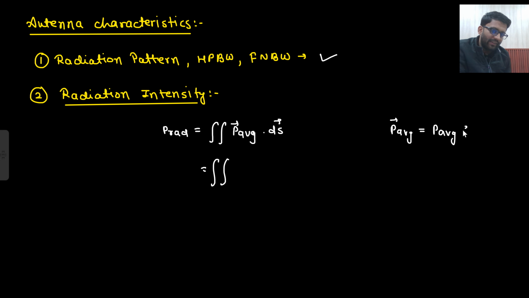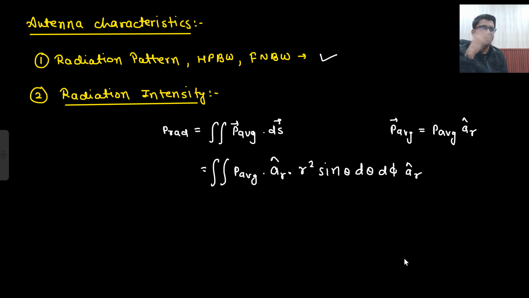The magnitude will be E theta squared divided by 2 eta, which I am not caring about as of now. So I can write P average a_r cap dot product with the dS vector. What is your dS vector? It is r square sin theta d theta d phi in the direction of a_r cap, because we take the r equals constant surface, and we know dS would be r square sin theta d theta d phi.